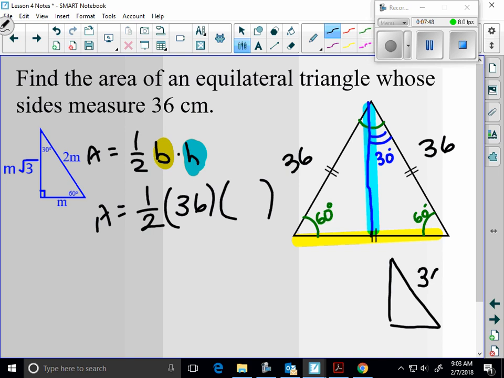I know the hypotenuse is 36. If this is a 30, what does that make this side right here? Half of that, right? 18. What does that make the long leg? 18 root 3. Oh, that's so cute. That's a nice little height there, right? So now I know that the height is 18 root 3.